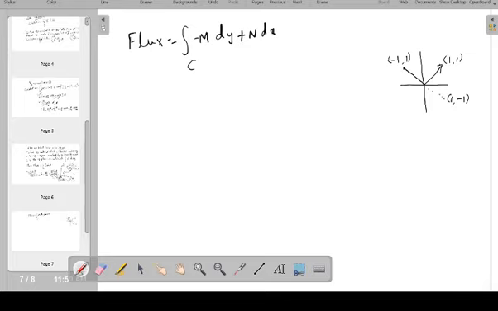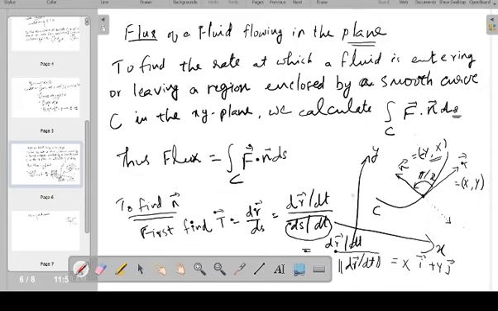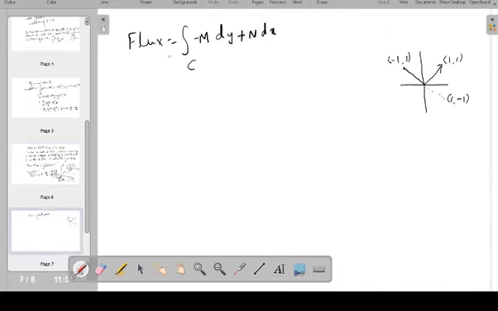Oh, I think I have made a mistake here. Whatever I have said is correct, but flux is not this. This is okay, this is the method to find n. That is also okay, but this formula is not okay. So I will erase this.